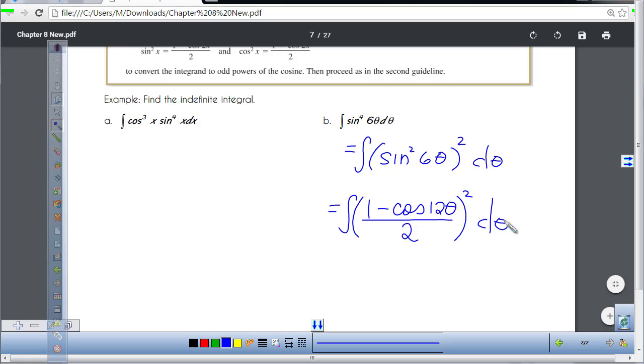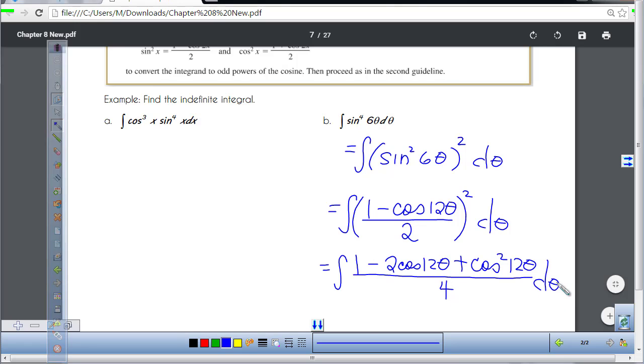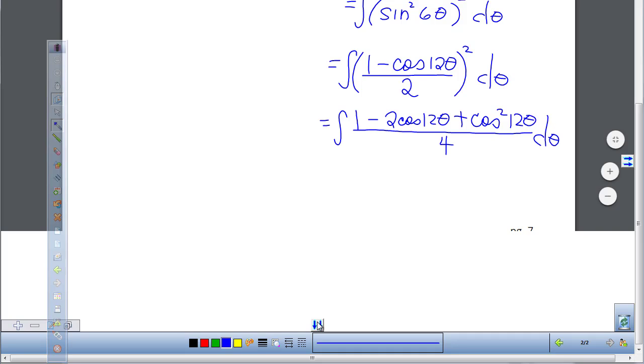Okay, so I'm going to go on and multiply this out. So we get what? 1 minus 2 cosine 12 theta plus cosine squared 12 theta, over 4, d theta. And then what might I do to deal with this?